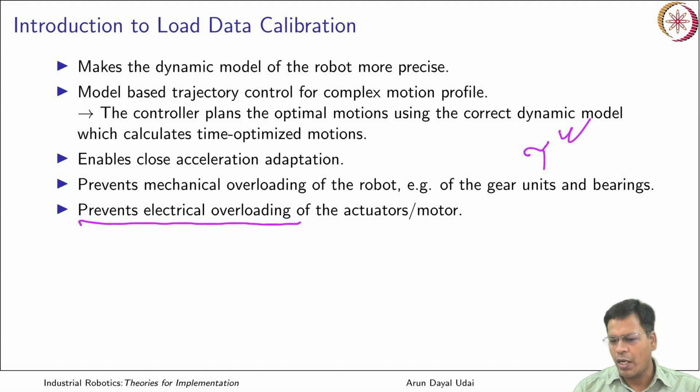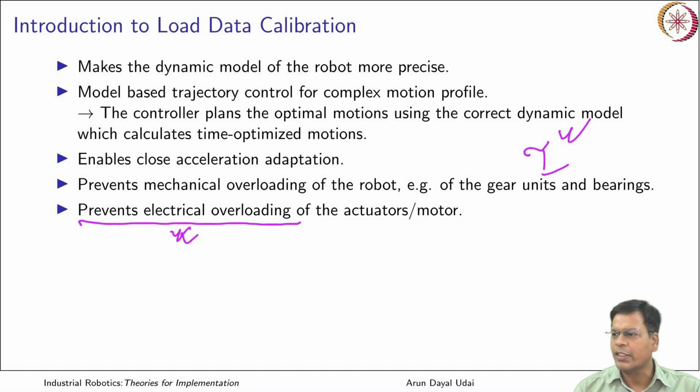Those are also going to create some torque. So I am talking about that additional torque, not the link and joint torques only. If you know that precisely, it will prevent any electrical overloading. That means all the motions, all the torques, all the currents which are going to come, you know it well.